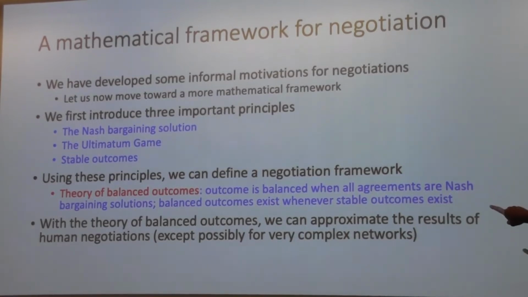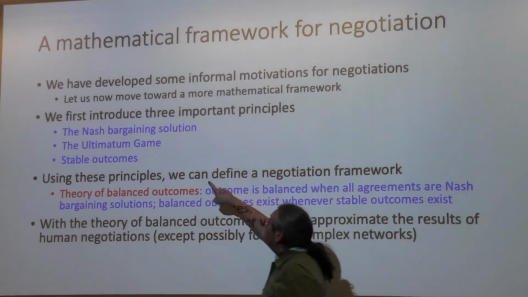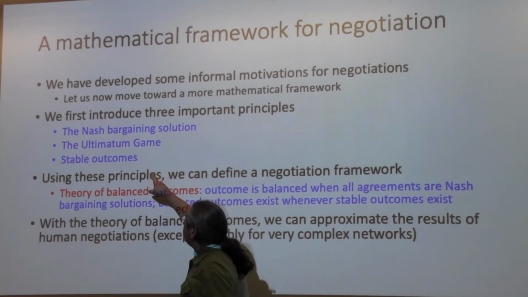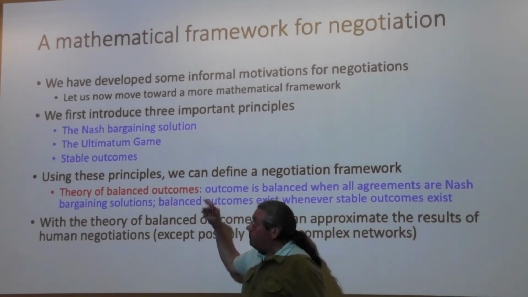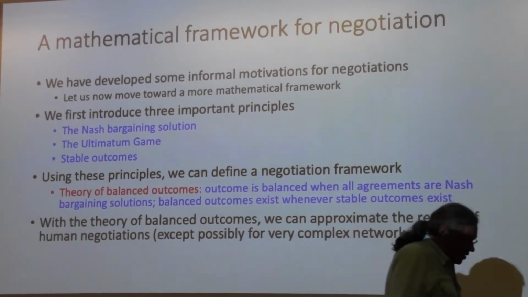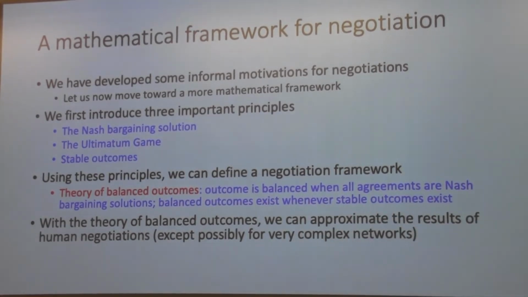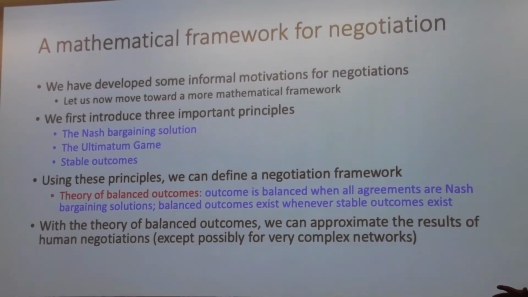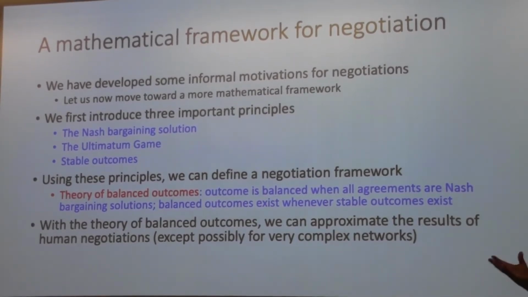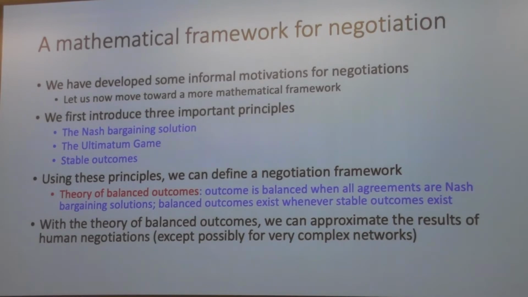This framework is based on 3 principles: the Nash bargaining solution, the ultimatum game, and stable outcomes. The framework is called the theory of balanced outcomes. With this theory, if I give you a network, you can determine exactly how humans in the real world will negotiate when they try to get the best result.